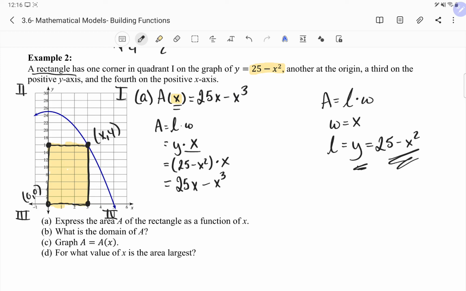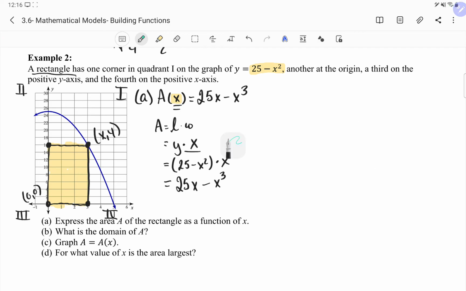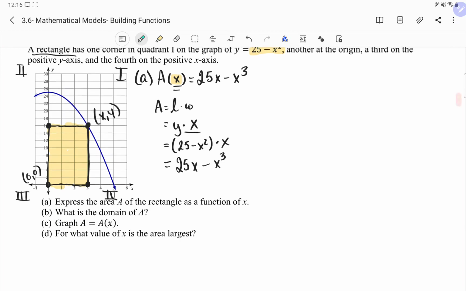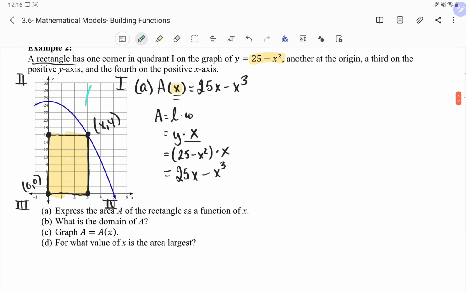Now it's going to ask, what is the domain of x? We can actually use the graph over here to determine. If we're just looking at this function, 25x minus x cubed, the domain of this function is from negative infinity all the way up to positive infinity.